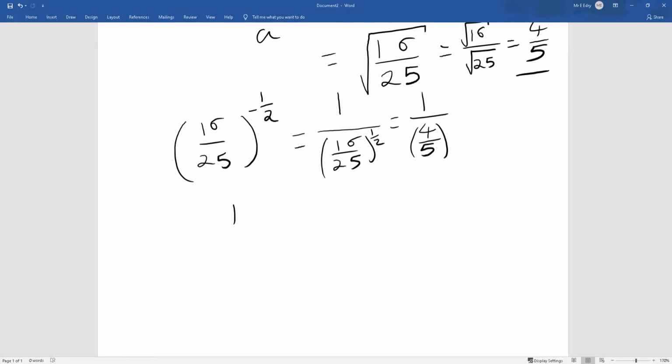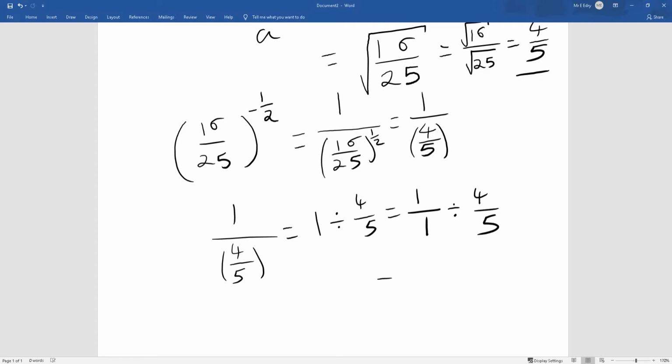Now, 1 over 4/5 is basically 1 divided by 4/5. But 1 is just 1 over 1. So we really have 1 over 1 divided by 4/5. But that is 1 over 1 times 5 over 4.